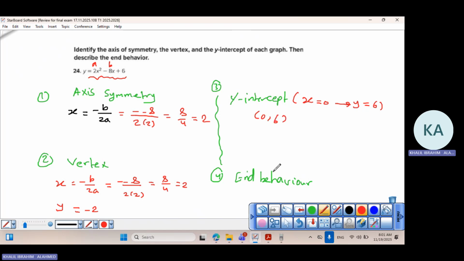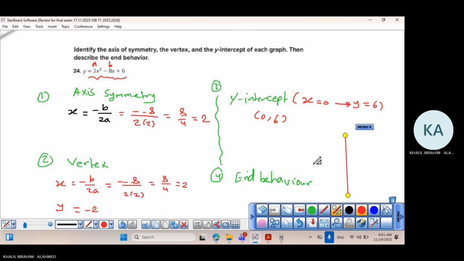That's it. End behavior. I think you should imagine the graph for this function. This is the y-axis. This is the x-axis, as you see.